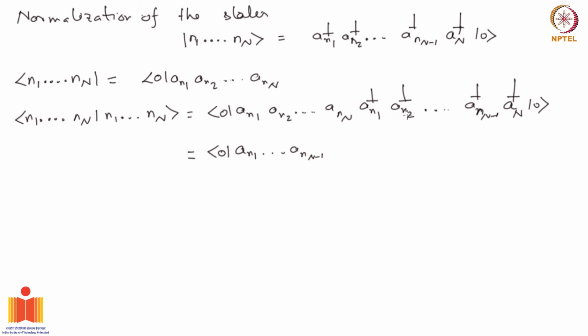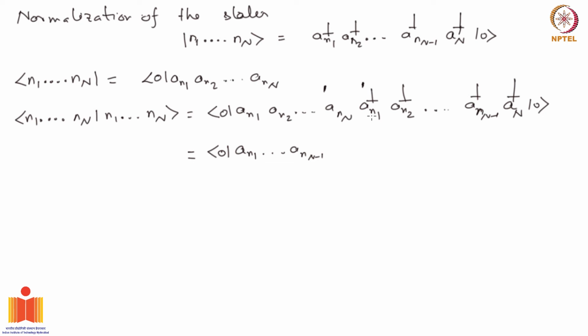So if N1 is not the same as N2, then they commute anyway. Sorry, I meant these two. Sorry for this mistake. What I'm trying to say is these two, the A and A daggers, commute if this subscript is different from this subscript, right? Because the A daggers corresponding to different oscillators commute anyway. They do not commute, and you get a constant term, if A_N and A_N1 dagger correspond to the same oscillator.